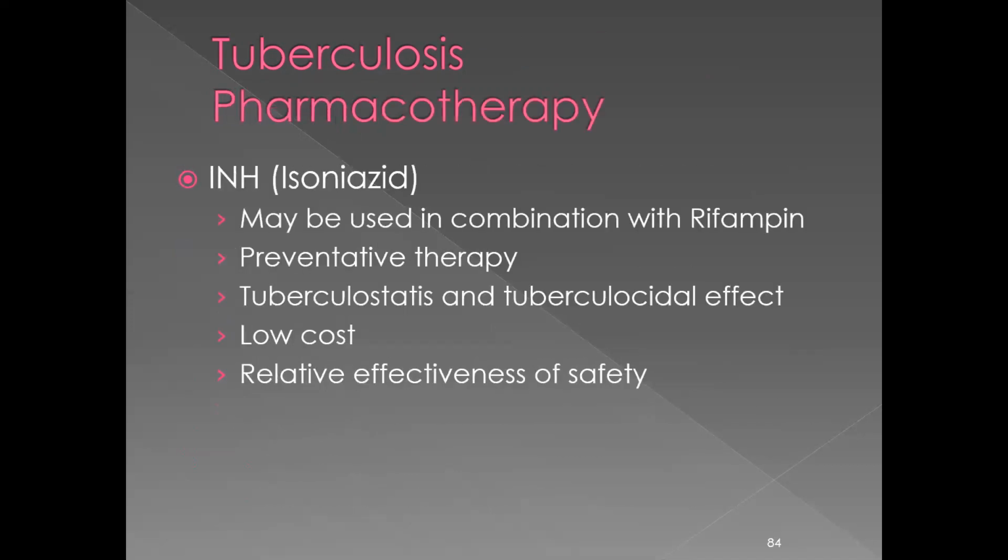So the pharmacotherapy includes INH, and this may be used in combination with rifampin as a preventative therapy. Tuberculostatic and tuberculocidal effects can occur with pharmacotherapy. INH is pretty low cost, and it has relative effectiveness and safety.